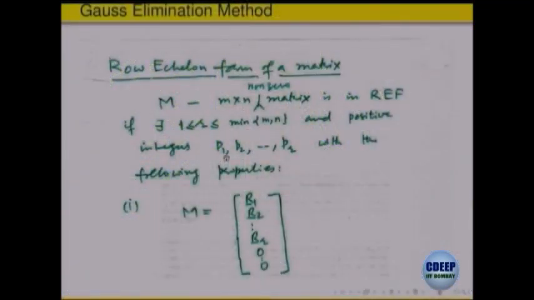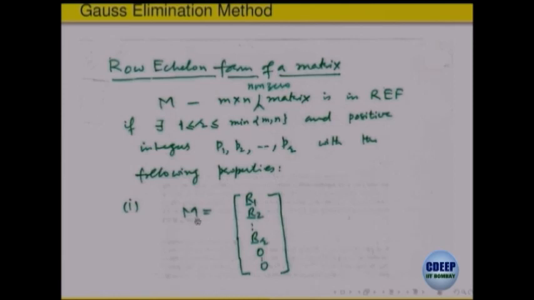And there are natural numbers p 1, p 2, up to p r, with the following properties, right. So, we are going to describe the matrix in terms of this r and p 1, p 2 up to p r.